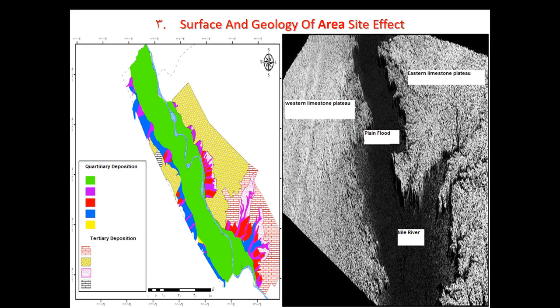The quaternary deposition is the area of farming and reclamation, as you can see from the map. The tertiary deposition is specific to reclamation, because there is no water in that area and the soil can't be used much for agriculture.